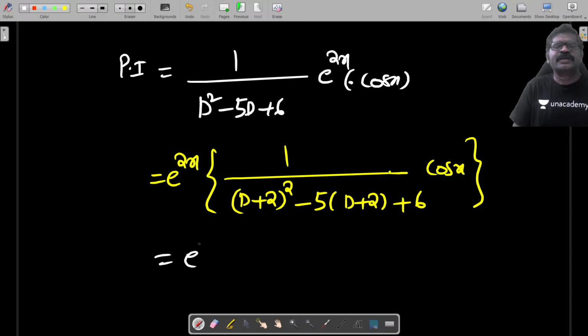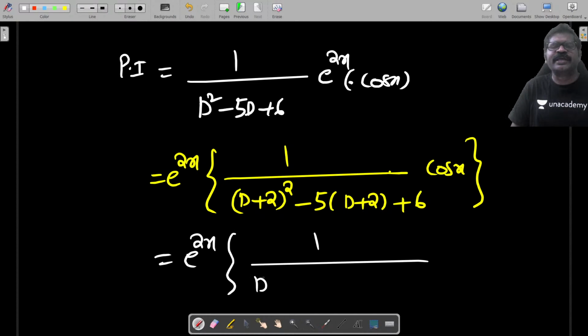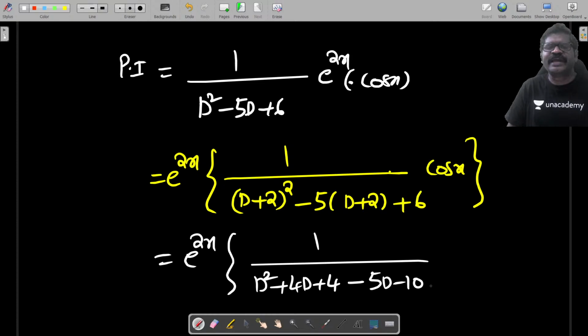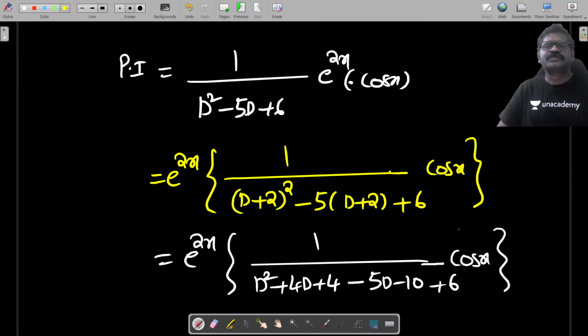Now e power 2x of 1 by D square plus 4D plus 4 minus 5D minus 10 plus 6 into cos x. Plus 4 plus 6 is 10, 10 minus 10 cancel.